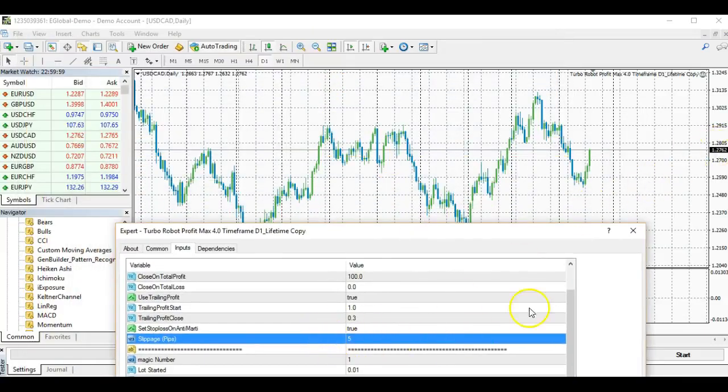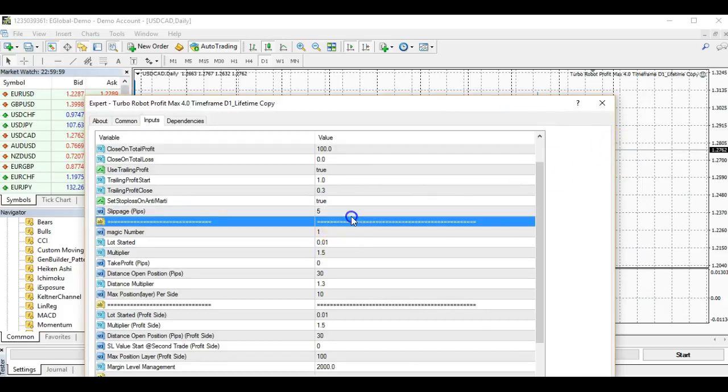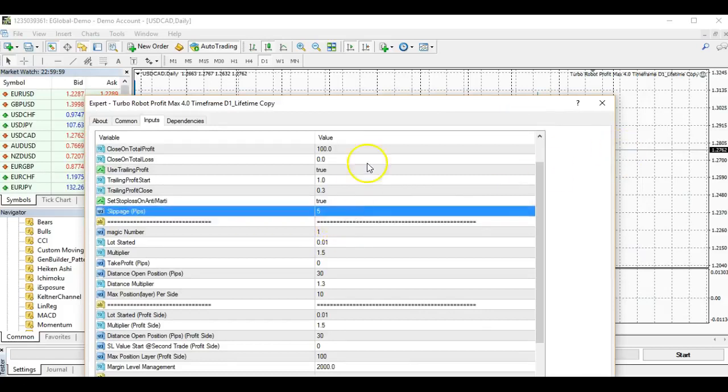Suppose your robot will open the position from this, but during the news time it will slip up over here. Let's say this is your buy trade, and the broker will slip it higher. Higher means that you are losing on that portion. So it depends on you how much your slippage value is.